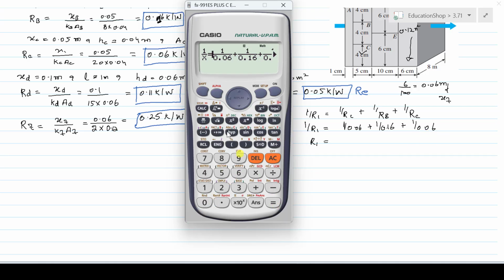Now don't press the equal button, because it will give you a sign error. To avoid this, press shift, calc, solve for X. Now press the X value and it will give you the value of X, which is basically the value of R1, and it is 0.025.